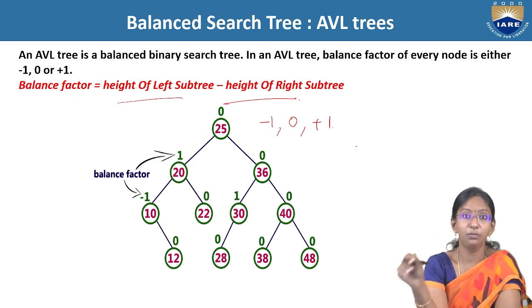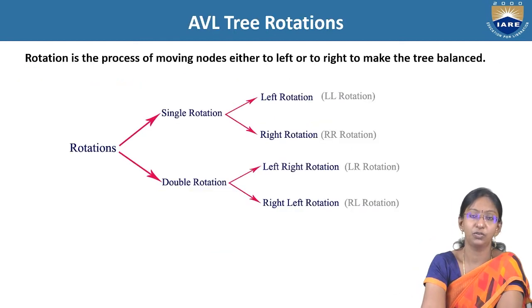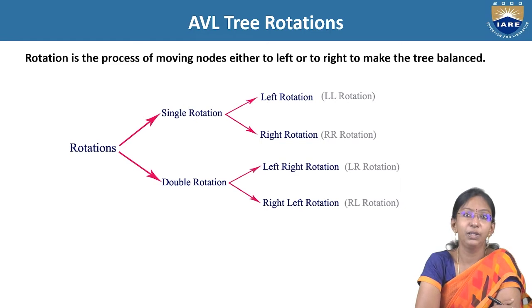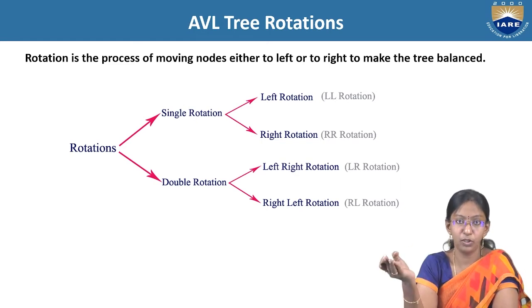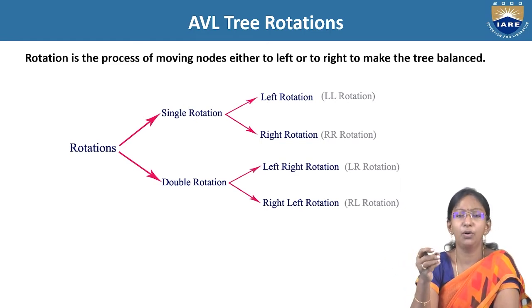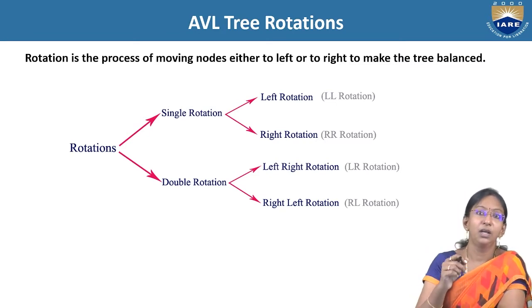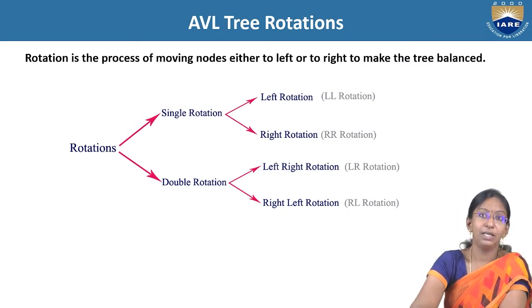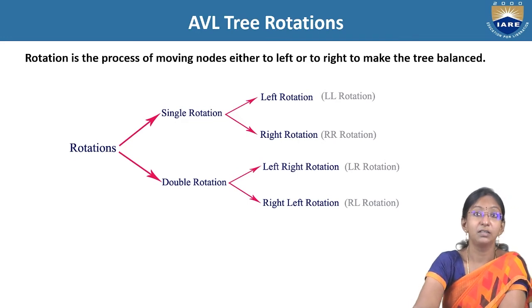Then how are we going to balance it? Using rotations. Based upon the situation, because of which element this imbalance has occurred, we are going to choose one of these rotations. These rotations are broadly classified into two categories: single rotation and double rotation.